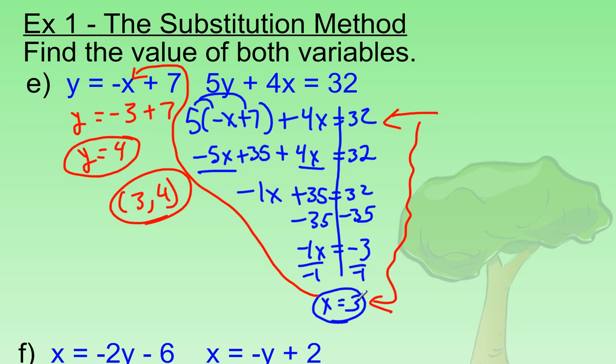Solve your equation to find the value of one variable. Once you have the value of one variable, you plug that into an equation and solve to find the value of the other variable. So that's what we did in the past 6 problems. Something like that.